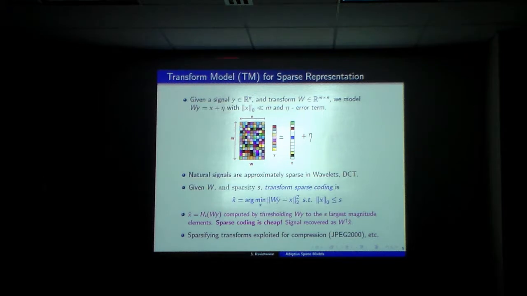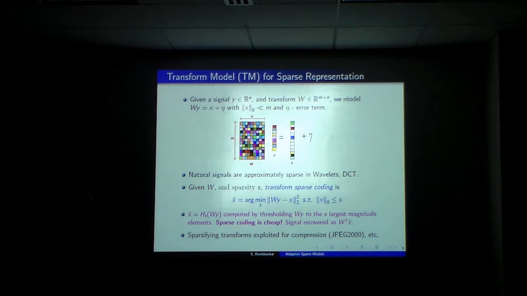Okay, and in our group, we have been working on another extension of the analysis model, an alternative generalization, which says that given a signal Y and an operator, or what we call a sparsifying transform, W, we have W times Y is approximately sparse. So WY is some sparse vector X plus some small perturbation eta.